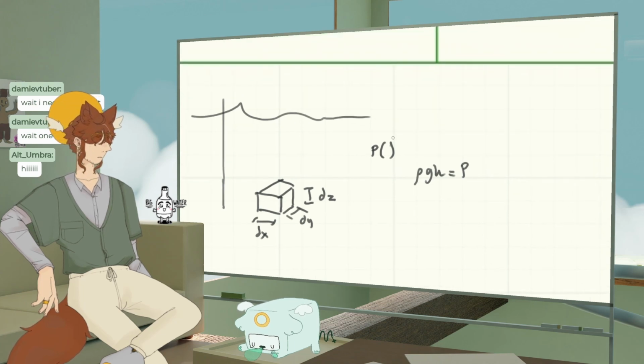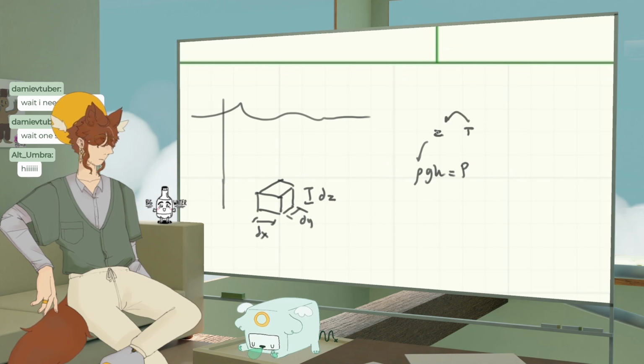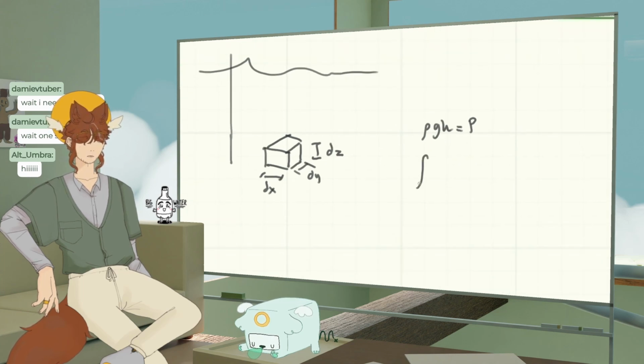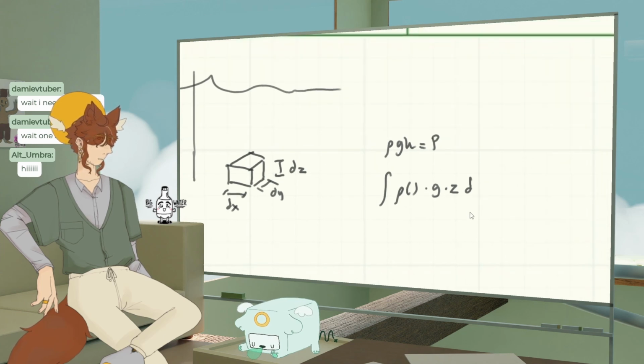If we didn't have an incompressible fluid, meaning its density was varying throughout, if it was a compressible fluid like an atmosphere, we would have rho as a function of maybe temperature, but T is in terms of z, because that integral is pressure as a function of rho times g times dz, and then we get an h.